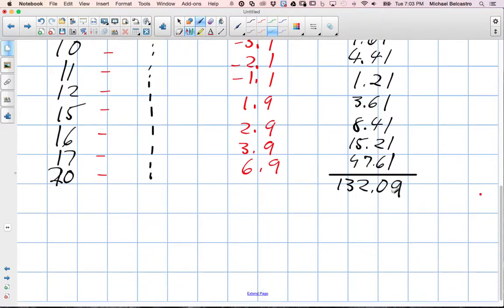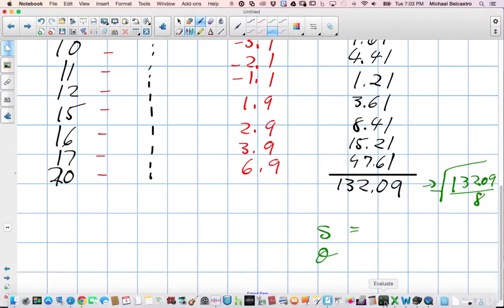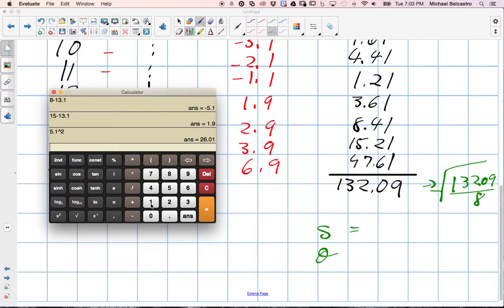So we take this data here, 132.09 divided by 8. And we also need to square root it in order to find the standard deviation, which is usually represented with our theta here. So I can quickly put this in a calculator again. 132.09 divided by 8.